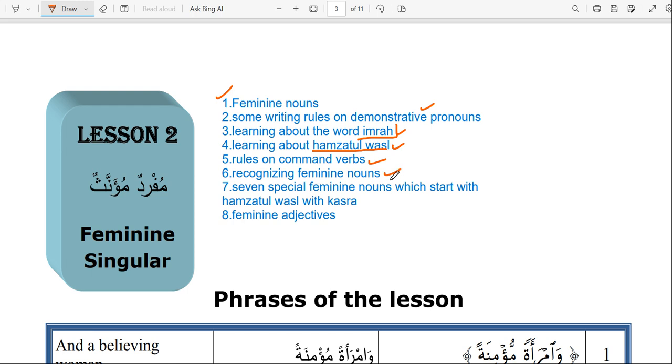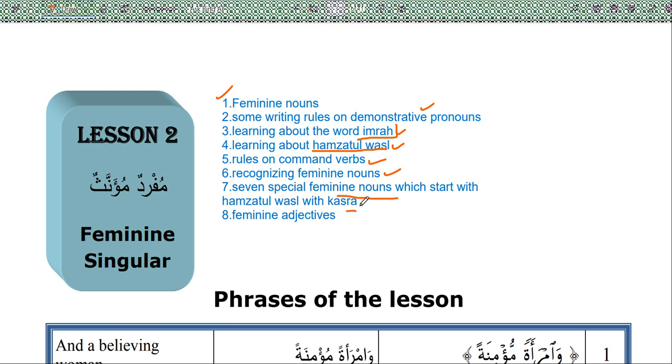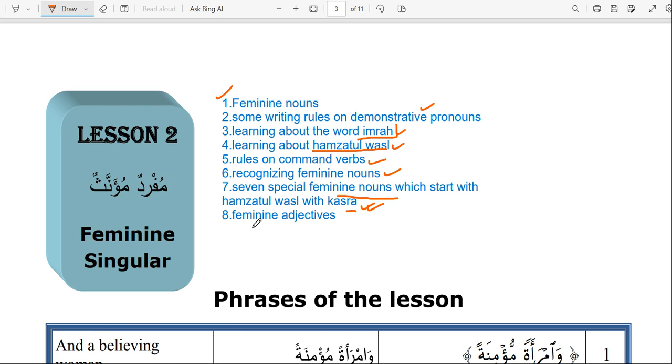There are a lot of signs to know, but here one or two signs are given, so I will just do that. And then we have 7 special feminine nouns, which is also a very important topic. And hamzatul wasl that starts with kasra, we will do this later on. Feminine adjectives: we will touch on adjectives with the feminine nouns. So let's start the lesson.